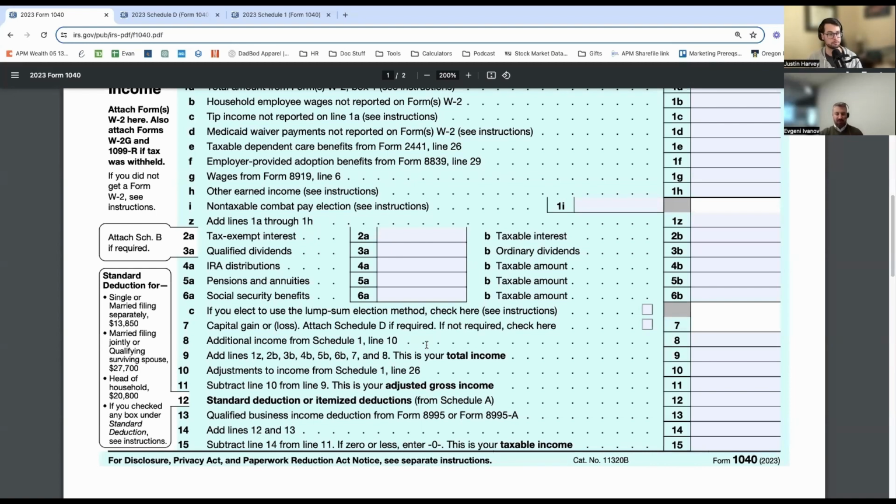Evgeni, anything to add on this one? Yes, I'll go one step forward, and I will even say sometimes it's worth doing it even if it's a bad year or you have some of those investments. Sell them now, even if the loss will be disallowed in the current year. But let's say next year you're expecting a big gain, could be from a sale of a business, or let's say you inherit a house from your parents that you and your siblings are selling and splitting the proceeds, although chances are they're not going to have a gain if the step up stays as law.